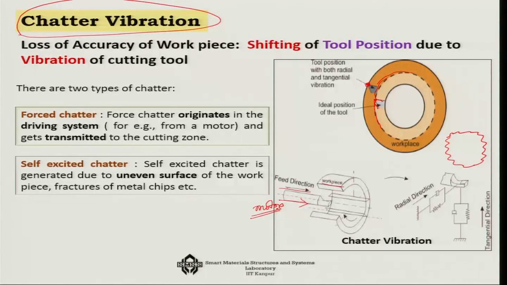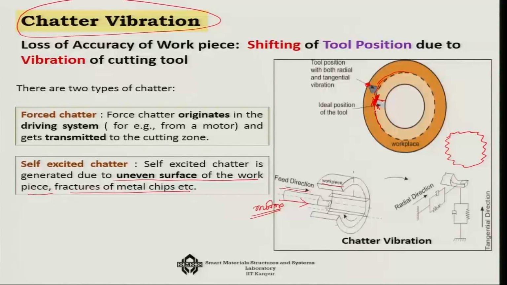The other case can be self-excited chatter, where the chatter is generated due to uneven surface of the workpiece, fractures of metal chips, etc. That means the cutting tool that you have chosen is not really very proper, and instead of cutting it is undergoing a lot of friction, and that is generating some kind of self excitation in the system.